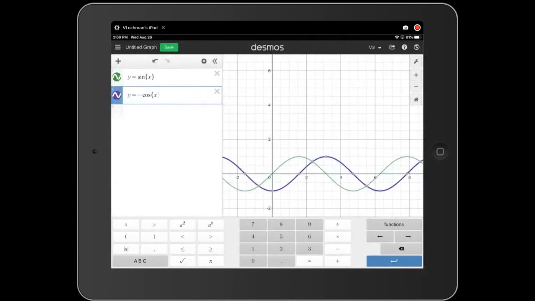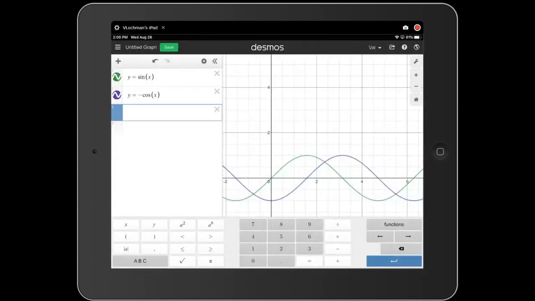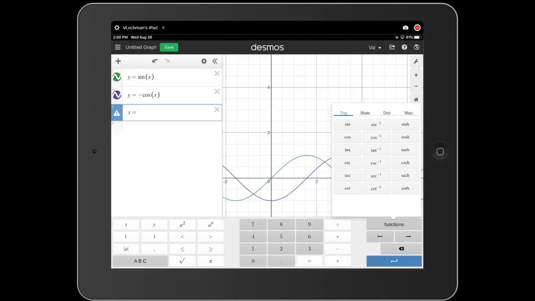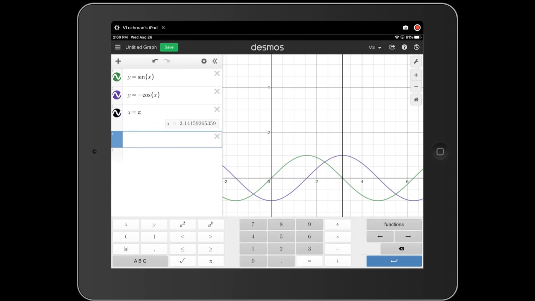What else we can do is put in our bounds. What are the bounds? From negative pi to pi. So we can say x is equal to pi. I need to find pi, we can just type in pi. So here's 1. And then x is equal to negative pi.